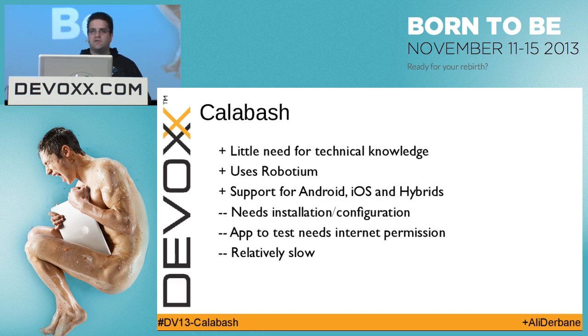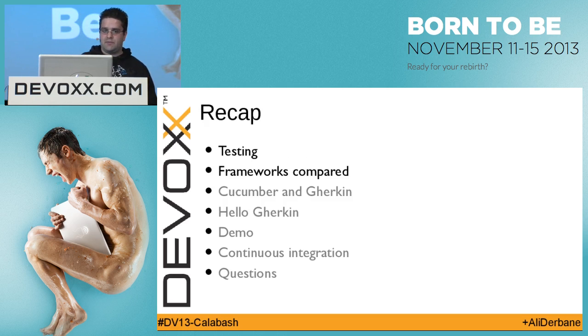One of the plus sides for us is that you can create a Calabash test that runs on Android, and without too much hassle, you can port it to iOS to run the tests there. It needs a little bit of installation and configuration. It's not too hard, but you need to do it. Your application needs to have internet permissions in your manifest, and because it's running on a device or emulator, it's relatively slow again.